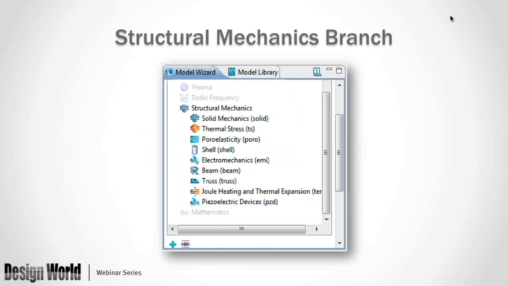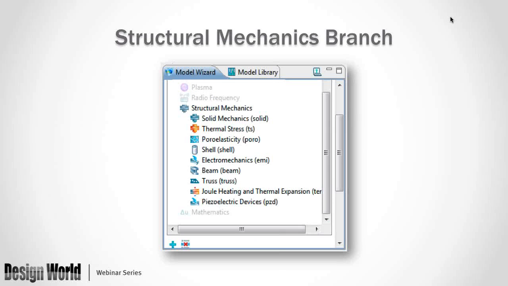Okay, so with respect to structural mechanics in particular, I'd like to just point out the structural mechanics branch that we have within COMSOL. Of course, structural mechanics is a very large field, and there's a lot that we develop just within this branch. And so we'll cover some of this today. But you also can see here the other aspects of structural mechanics that we deliver directly with COMSOL.